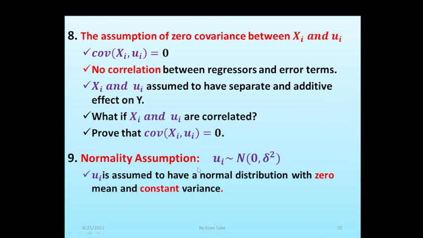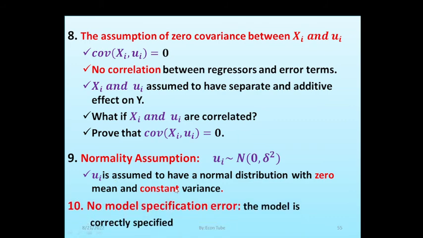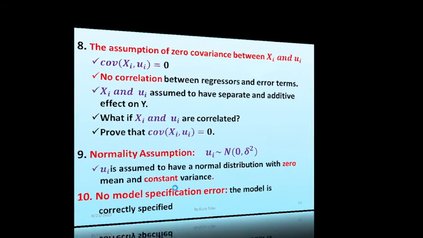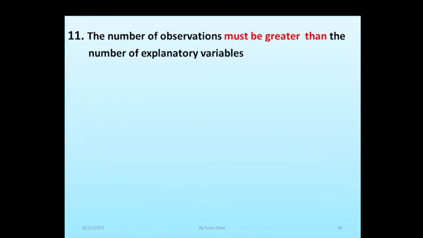Normality assumption: the error term must be normally distributed with zero mean and a constant variance. ui is assumed to have a normal distribution with zero mean and a constant variance. 10. No model specification error: the model is correctly specified. 11.